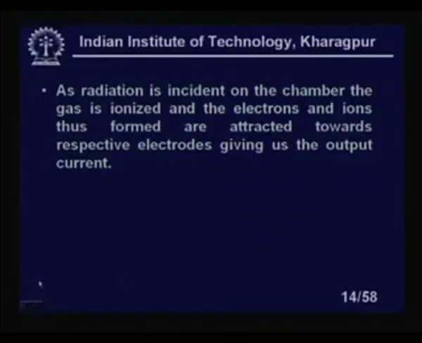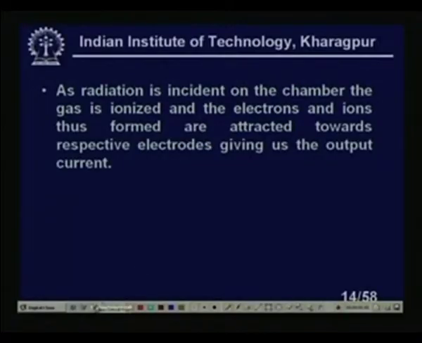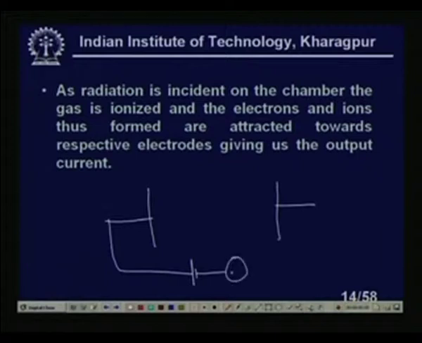Is it clear? We have discussed the ionization gauge in the case of low pressure measurement, so the basic principle is the same. Suppose the gas is ionized and I put a meter here with 2 plates.